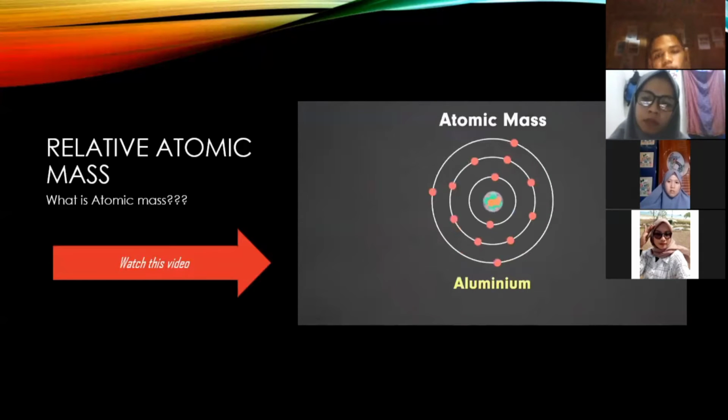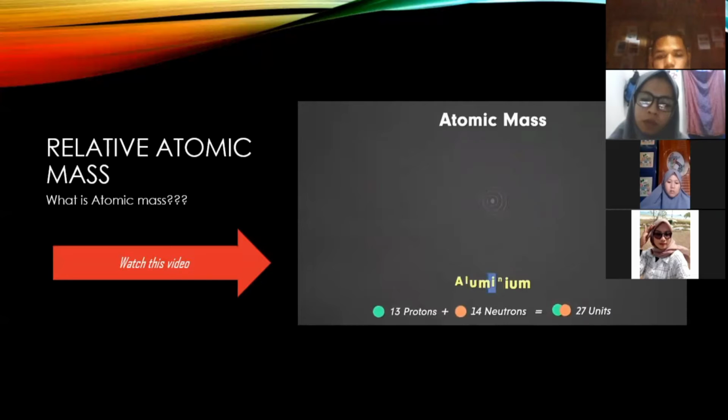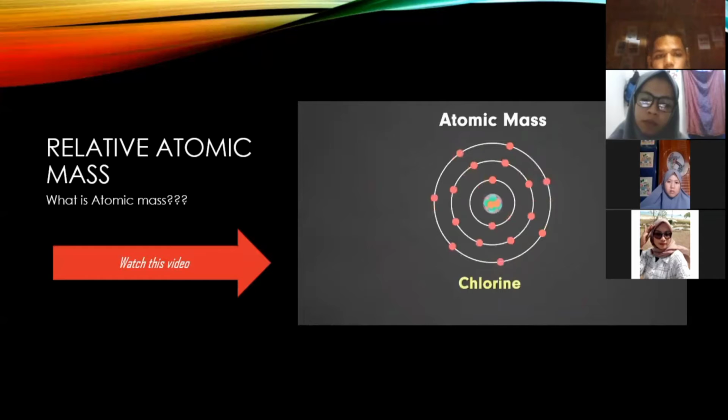That is, in a single atom of aluminium, we have 13 protons and 14 neutrons. Summing up the two, we get 27 units, which is the atomic mass of aluminium. Now let's take another random example of chlorine. A chlorine atom has 17 protons and 18 neutrons. That means the atomic mass of chlorine will be 35 units, right?